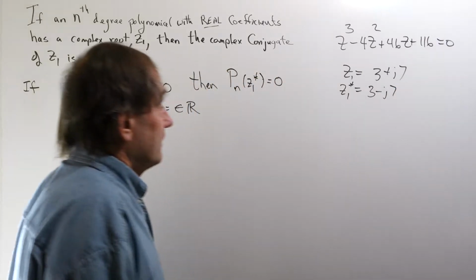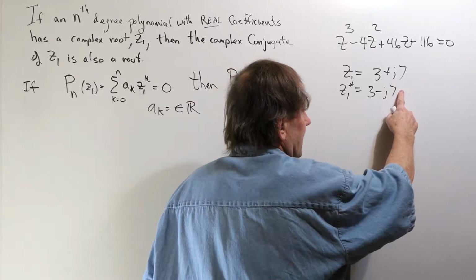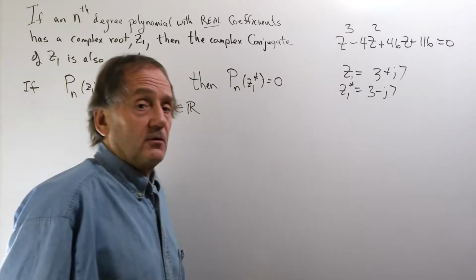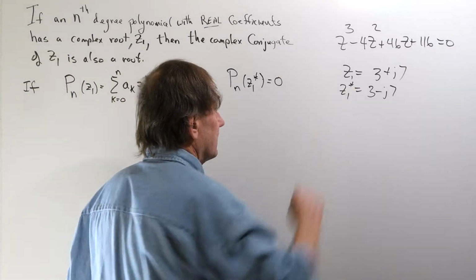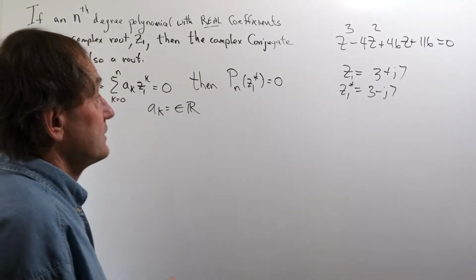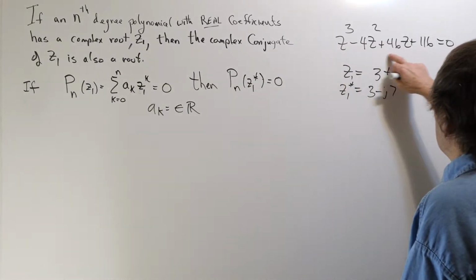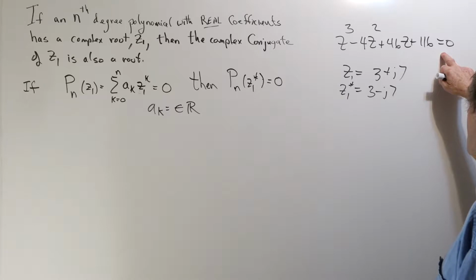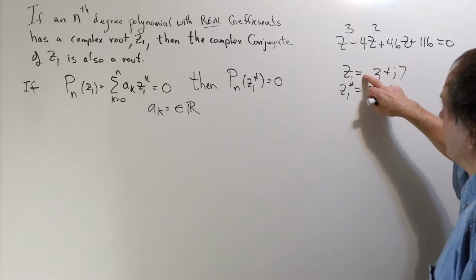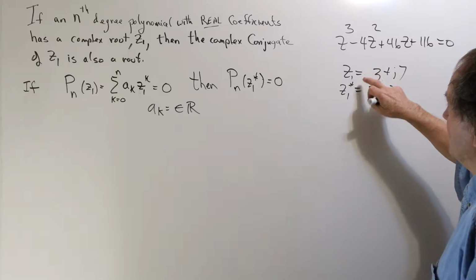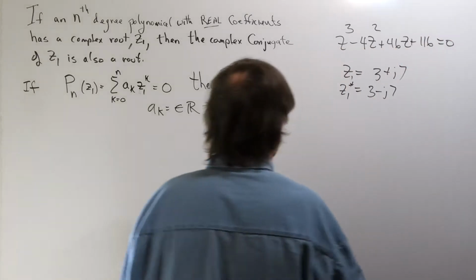So we find one complex root, then we automatically can write down the other complex root as the conjugate of the root that we just found. So all we have to do now to prove this is to find the last remaining root. And the way we can do that is we can form a factor with z1 and z1 conjugate, divide it into this equation and see what we have left over.